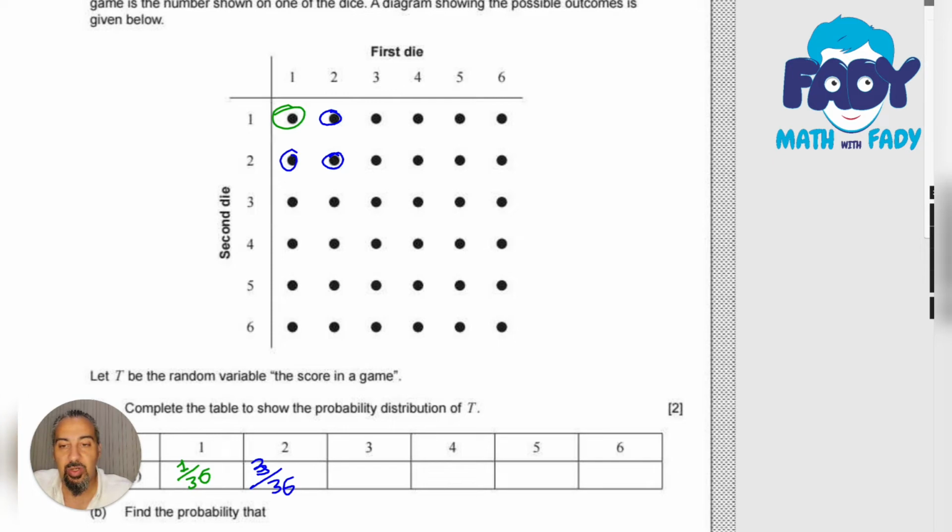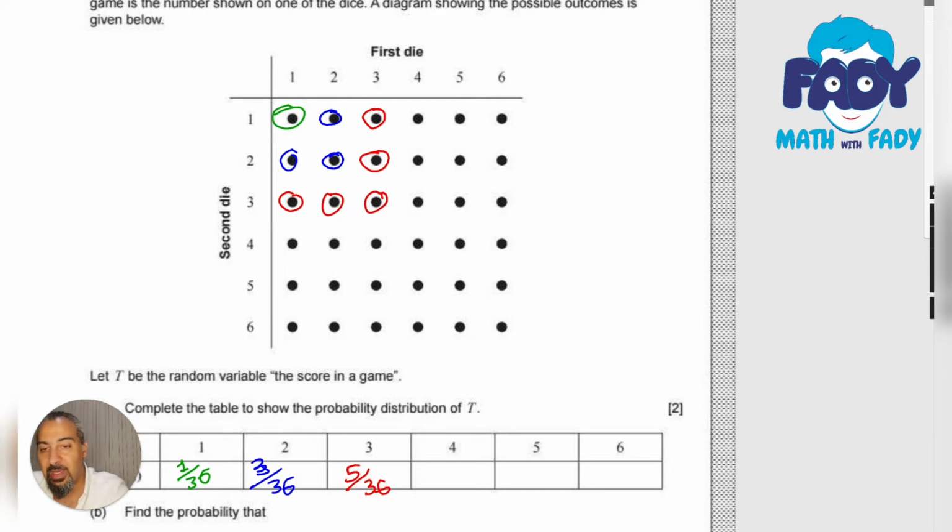To get a score of 3, this will happen with 3 and 1, 3 and 2, 1 and 3, 2 and 3, and also 3 and 3. So we have 5 options to get a score of 3, so it's 5 out of 36.